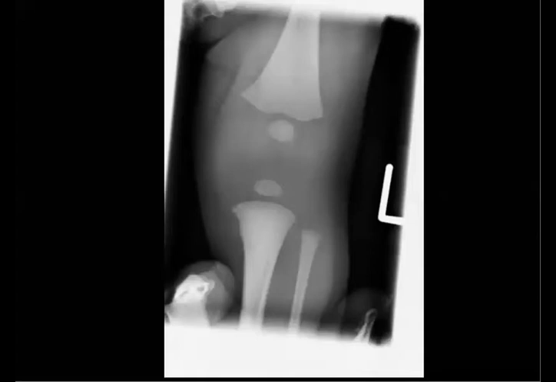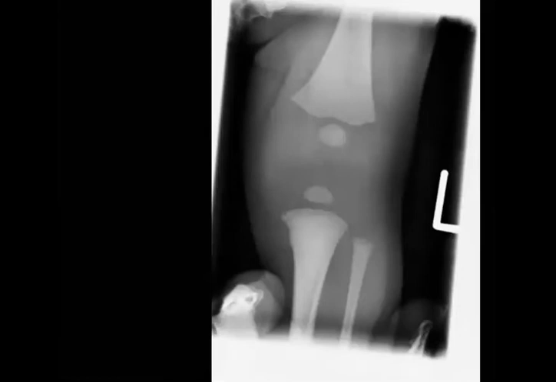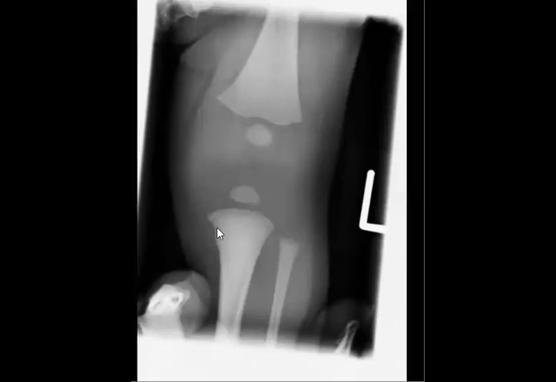Metaphyseal corner fracture. The voice is not very high, but I will try to hear you. Metaphyseal corner fracture. Okay, tibial fracture. Is it this one, or the buckling here?